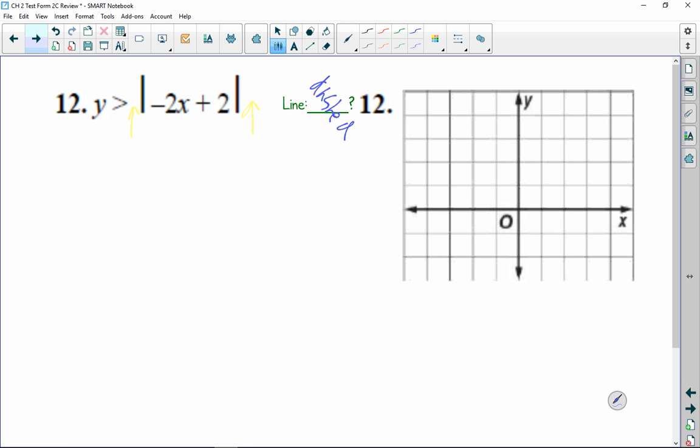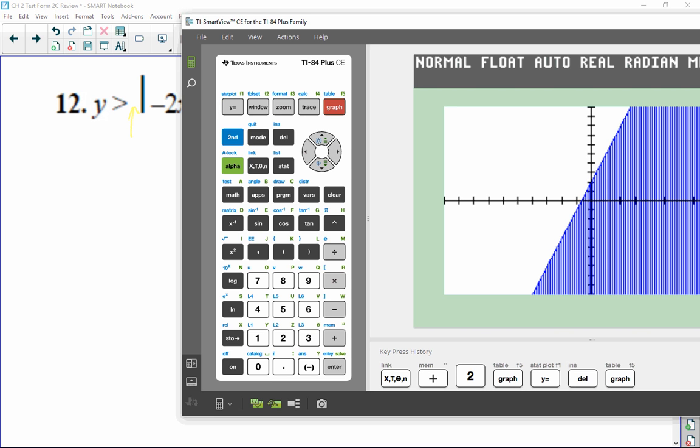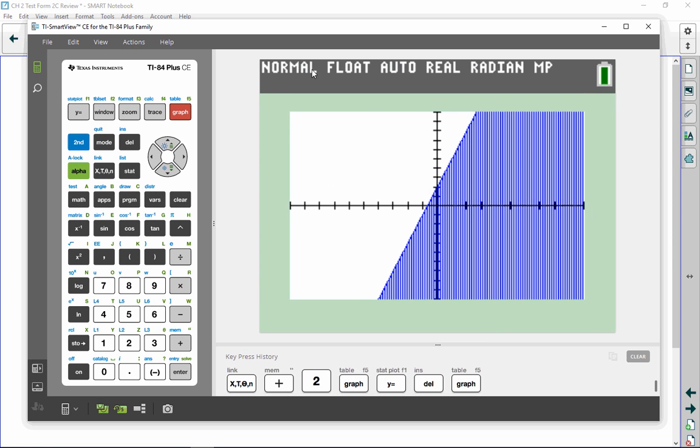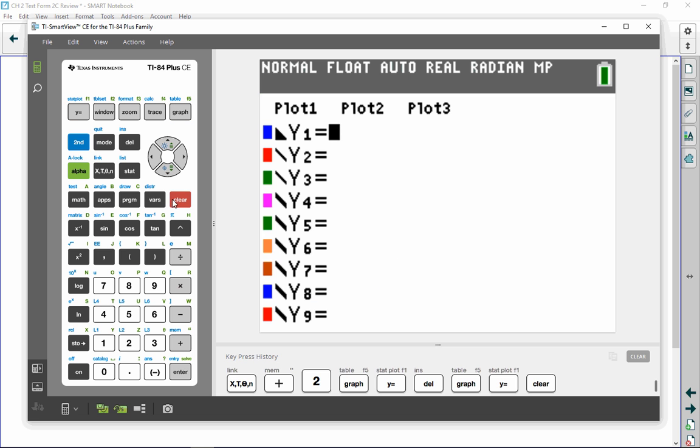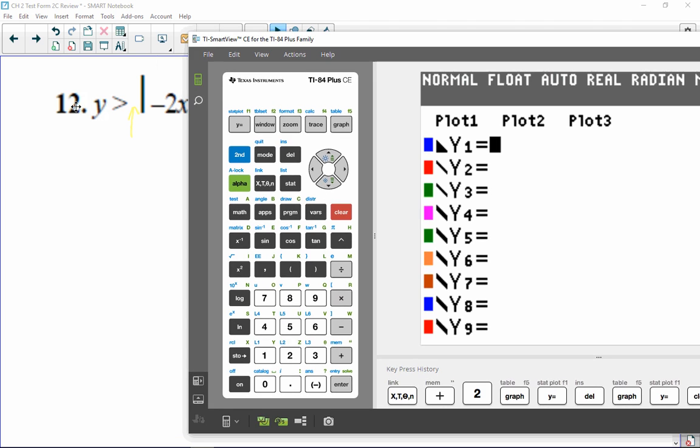Okay, beyond that, what I'm going to do is use my calculator. Hopefully you remember the buttons. So my first thing, I'm going to hit clear and clear this out. Do I need to change this? Okay, which way is it pointing? It's going to the right.